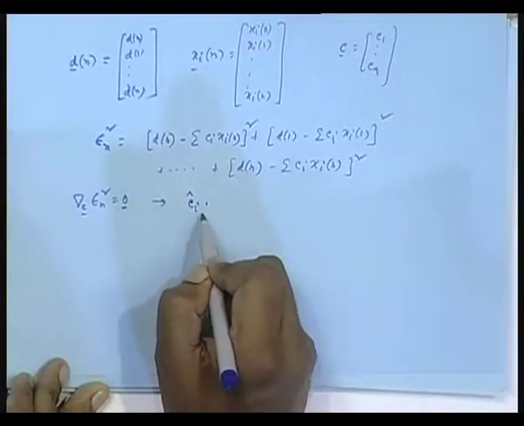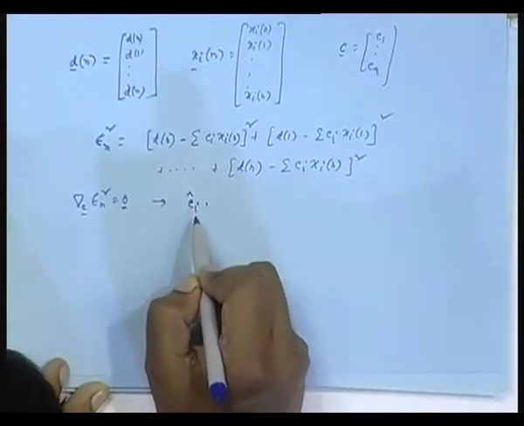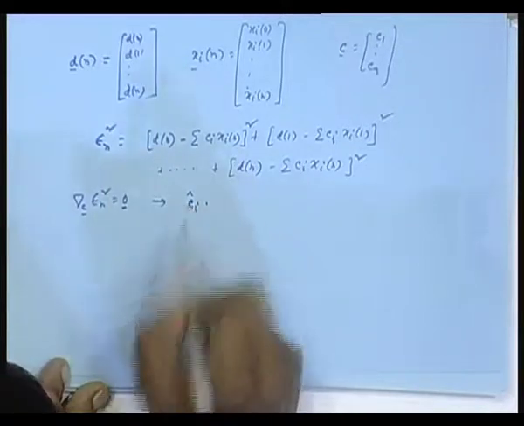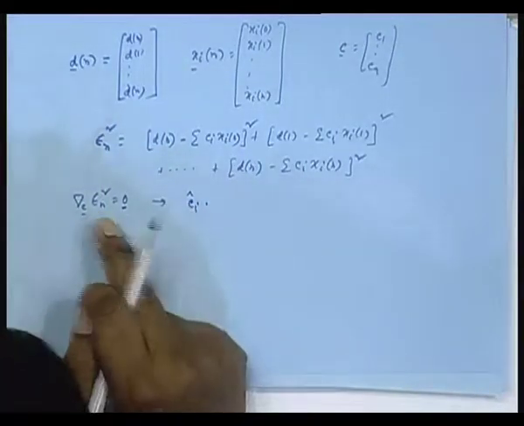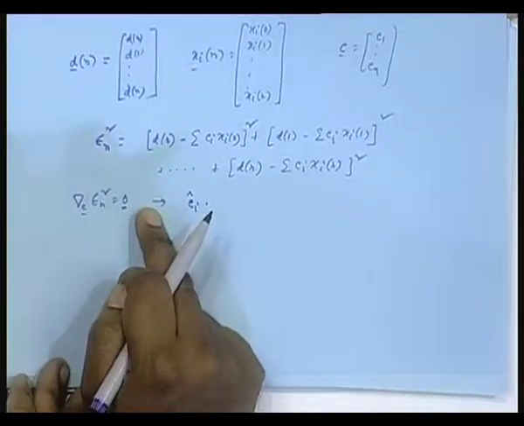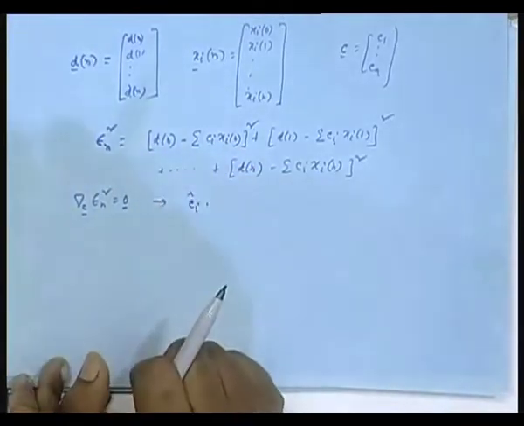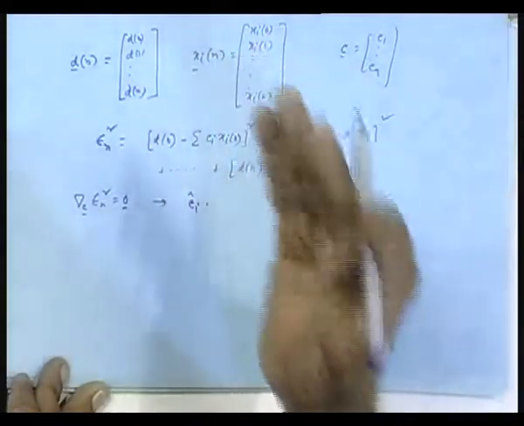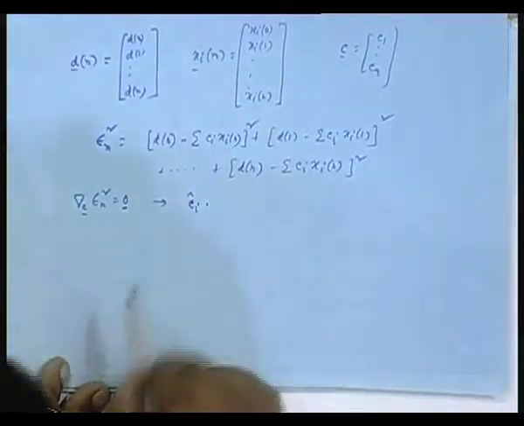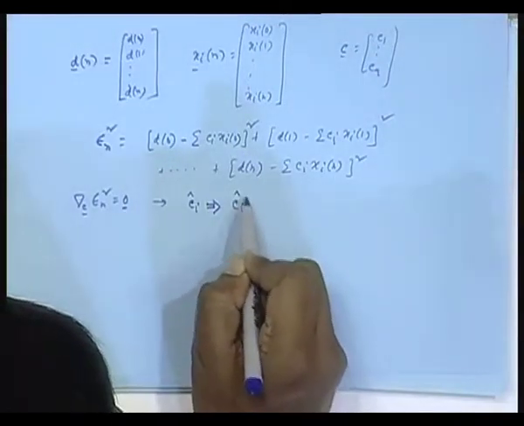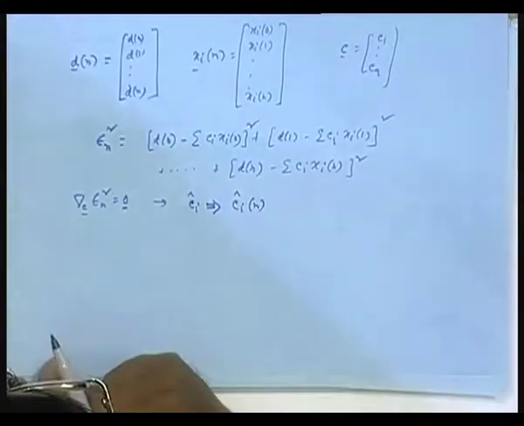Instead of writing opt here, I am putting a cap, because there is already a subscript i, so no point in putting a comma and another subscript opt. This is the optimal one. How is it obtained? By solving this equation. You are differentiating with respect to ci and equating to 0, you get a set of linear equations like we did in that optimal filter case, Wiener filter case. But they should now be replaced as a function of n.